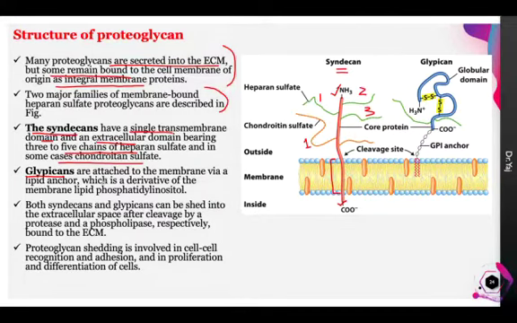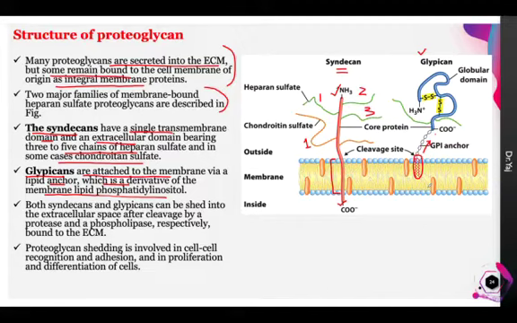What happens in glypicans? Glypicans are attached to the membrane via a lipid anchor, which is a derivative of the membrane lipid phosphatidyl inositol. So this is the typical structure of a glypican shown here in this part of the slide. And you can see here there is a lipid anchor in this part of this particular figure, and this particular molecule is attached to a phosphatidyl inositol.